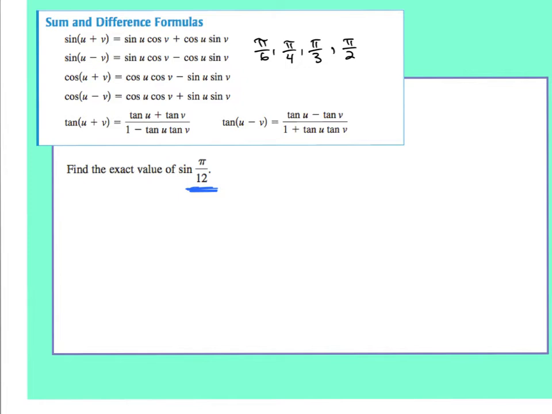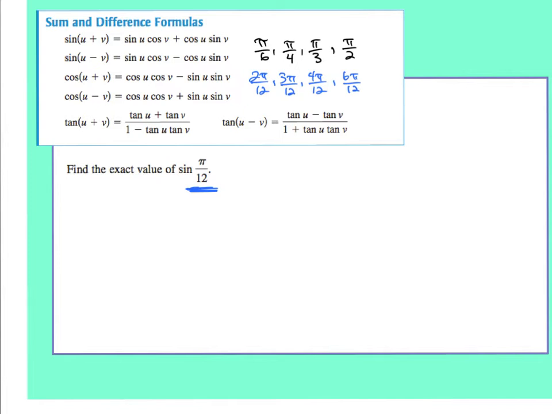So what is pi over 6? 2 pi over 12. And what's pi over 4? 3 pi over 12. What's pi over 3? 4 pi over 12. What's pi over 2? 6 pi over 12. Now, I need to use those somehow to get to pi over 12.